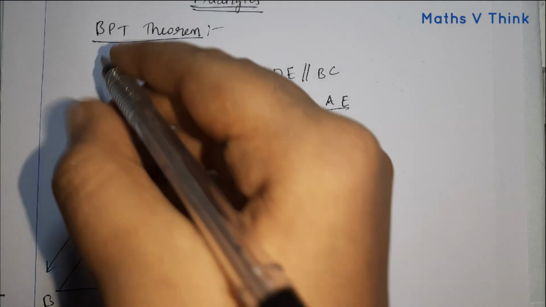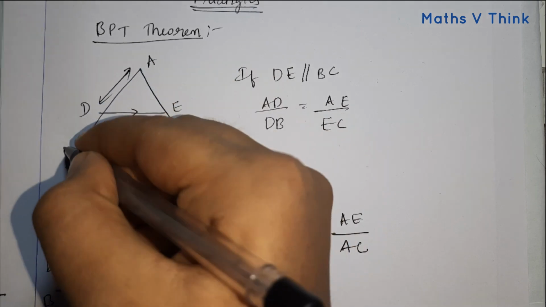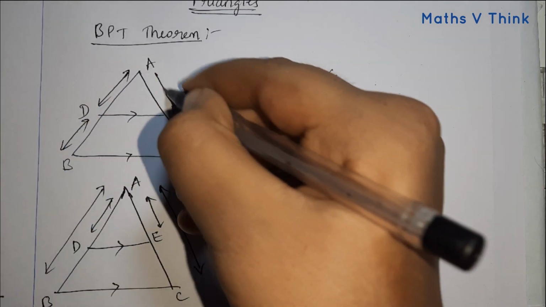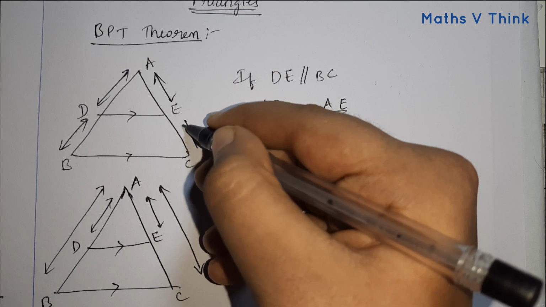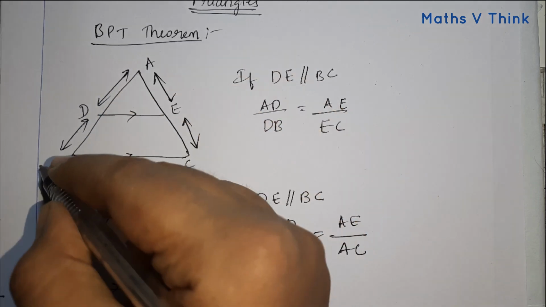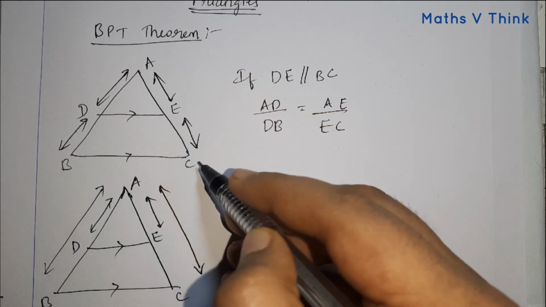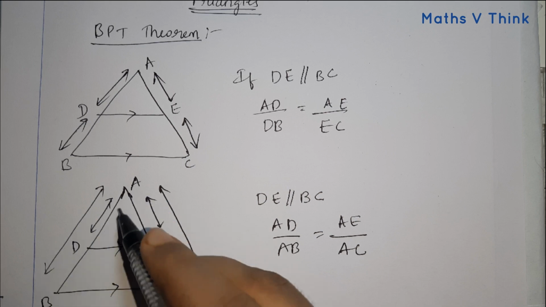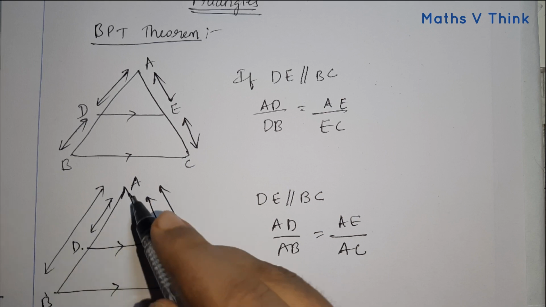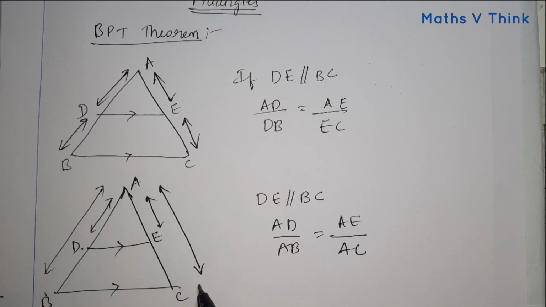In the first case, it is this divided by this is equal to this divided by this, nothing but AD by DB is equal to AE by EC. Now in the second case, it is AD by AB is equal to AE by AC.